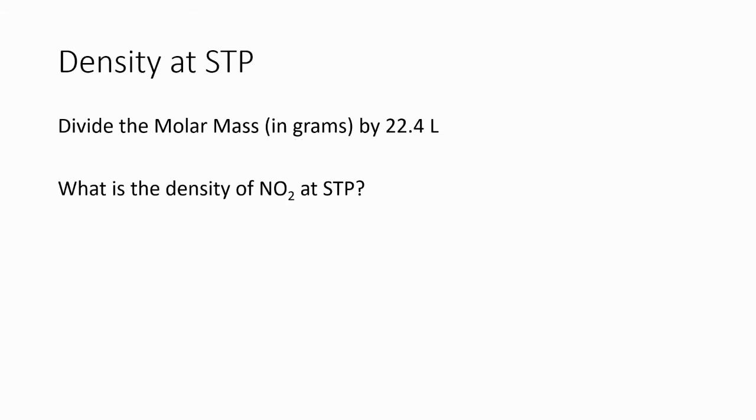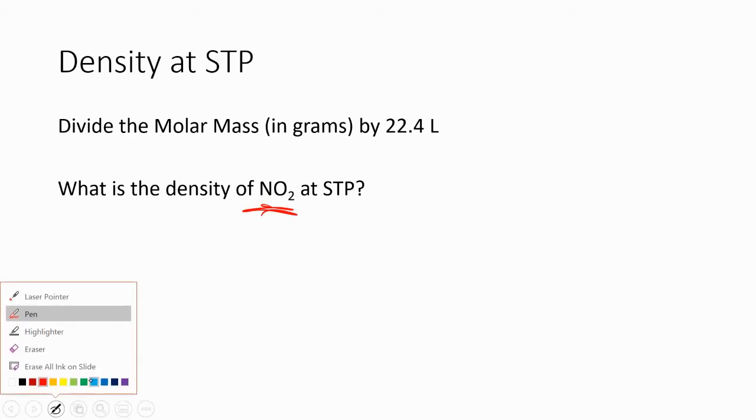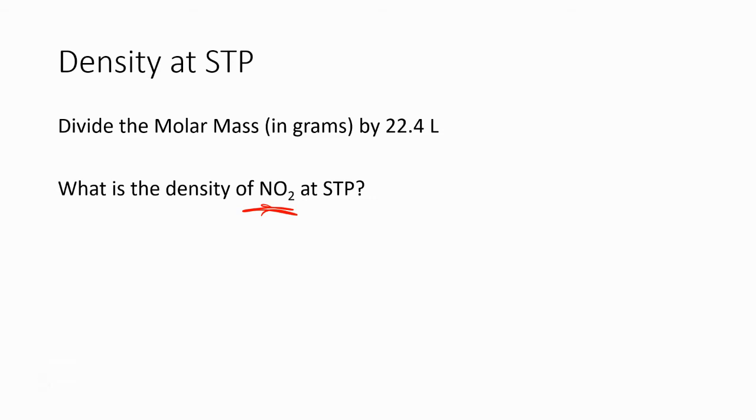All right, so some other manipulations we do at STP is to find the density. Now, if we ever ask you the density, you just take the mass and divide it by 22.4 liters, because the units of density for gases is considered grams over liters, and that's because the density of gases is significantly less.